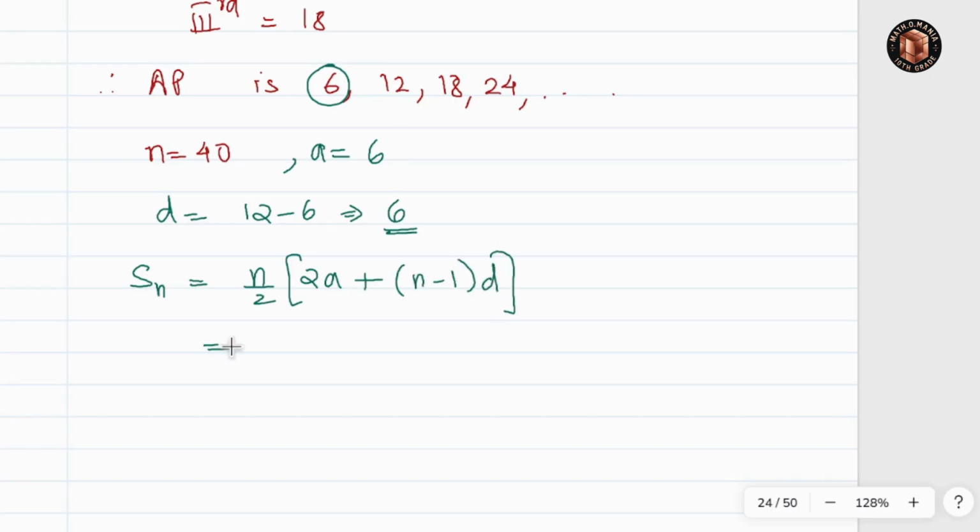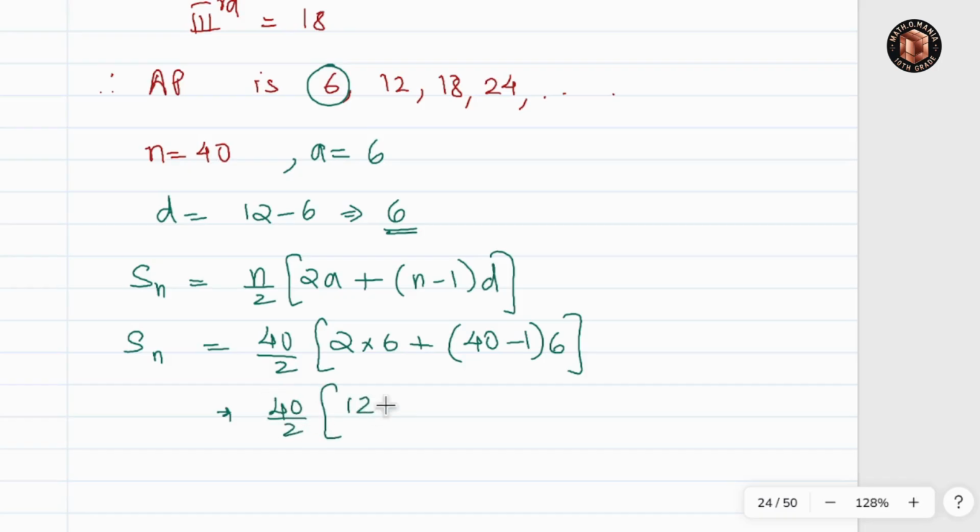Right? Which is equal to Sn, we need to find, n equal to 40 by 2 into 2 into 6 plus n equal to 40 minus 1 and d equal to 6 again. Which is equal to what? 40 by 2 into 6 2s are 12 plus 40 minus 1 is 39.